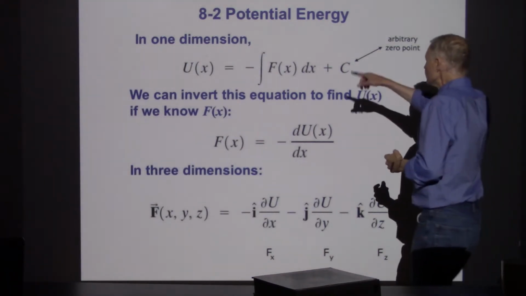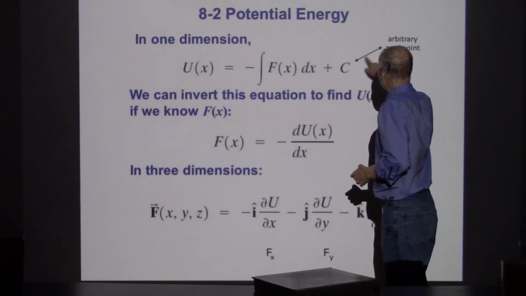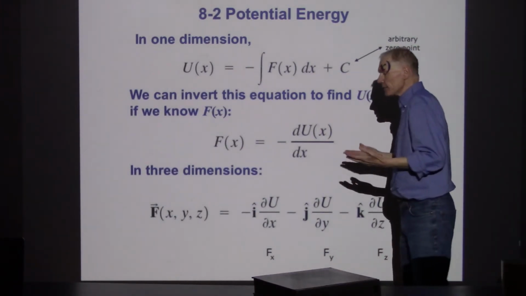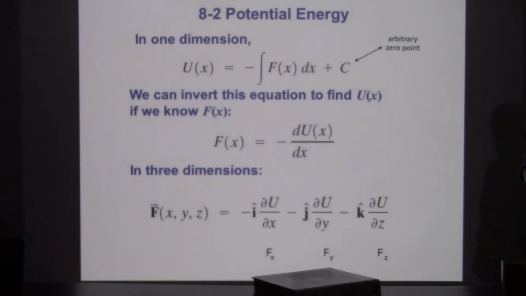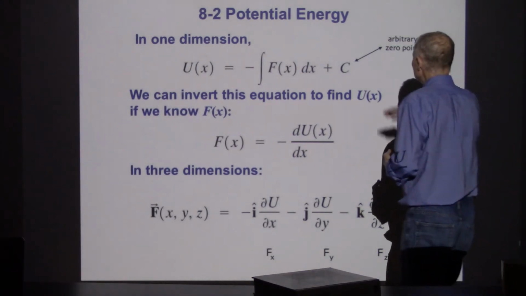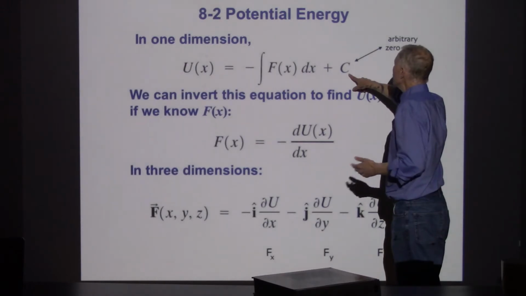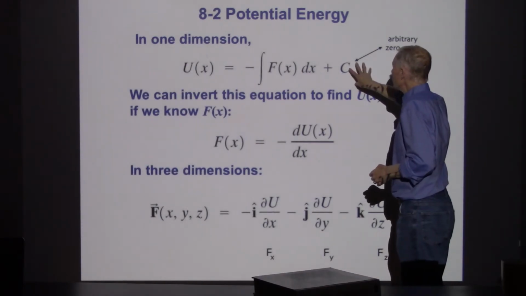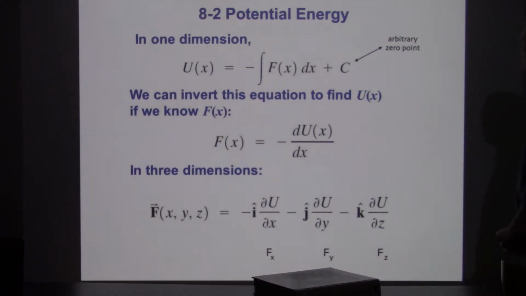Well, in this formula, the constant of integration applies to whatever we've determined to be the 0 point in terms of potential energies. So this is kind of like saying that the constant of integration is arbitrary. We can decide what location to call 0 potential energy.